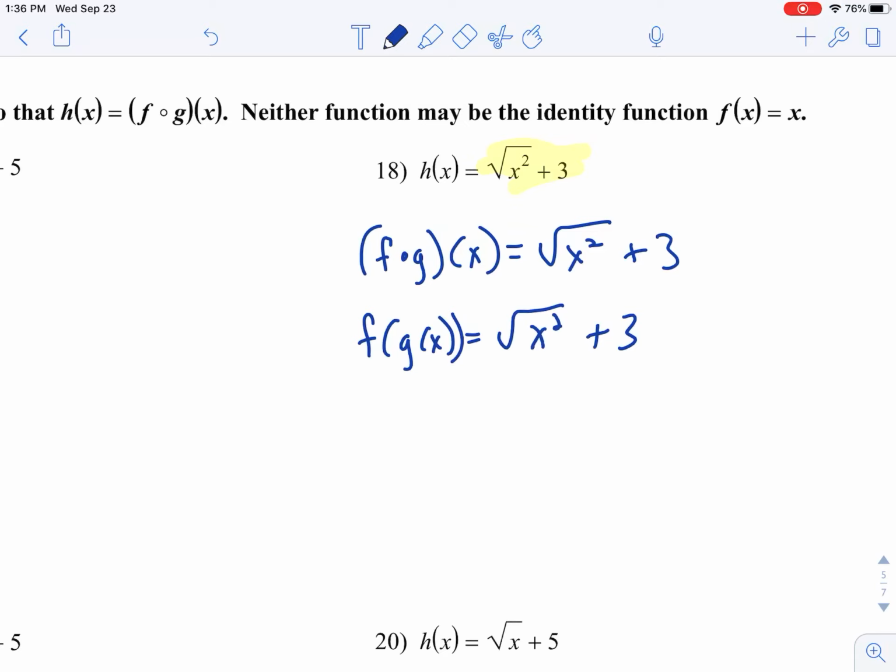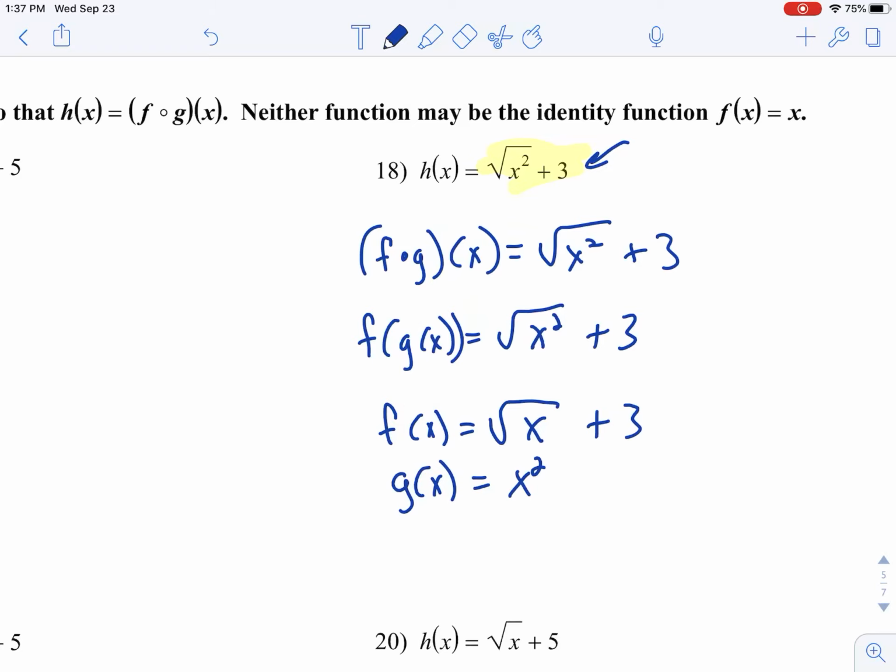To me, it appears that f of x is the square root plus 3, and g of x is the x squared that's getting plugged into it. So you kind of have to really think about this and twist your brain around, and what could you do that would give you this as an answer.